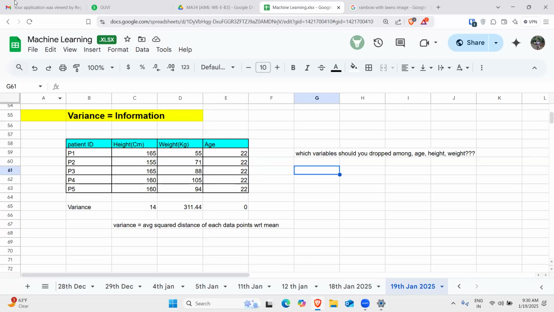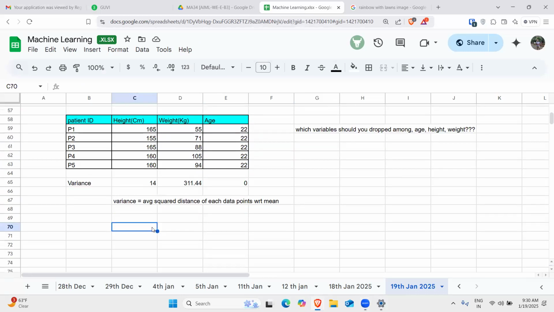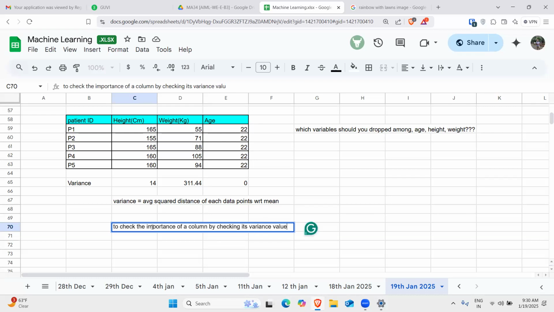So the key takeaway from the above lecture is to measure the importance of a column by checking its variance value, right? If a column has more variance, then this column will contain more information.